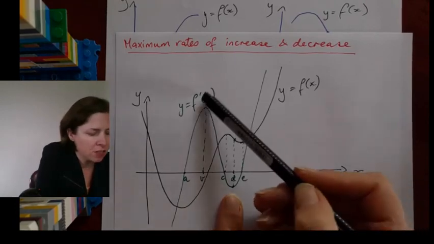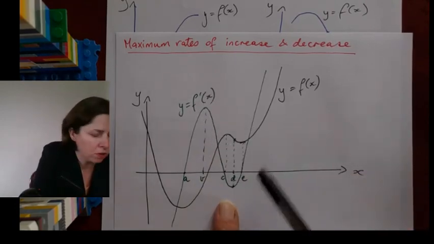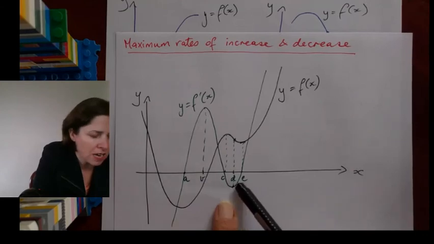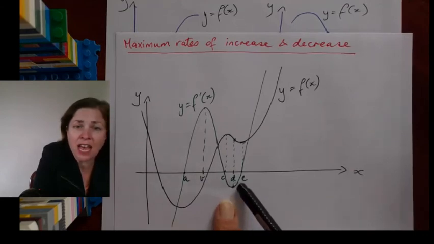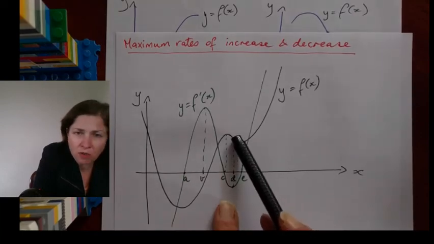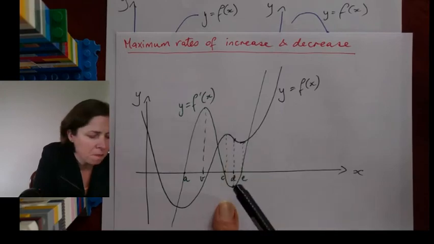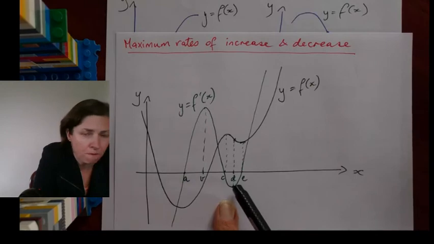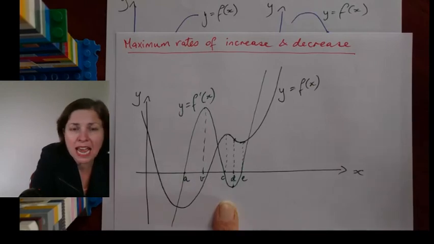And if I found the derivative of the green function, I would have an x-intercept here because I have a 0 gradient here. All right, so a point of inflection on this graph means a minimum or maximum turning point on my first derivative, which will be an x-intercept or a 0 value for my second derivative.